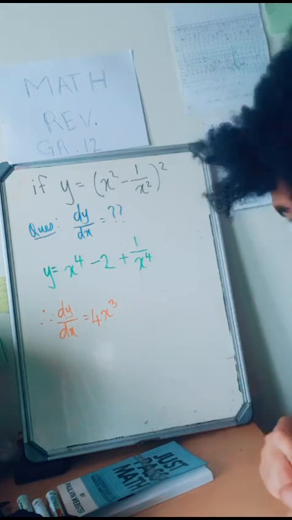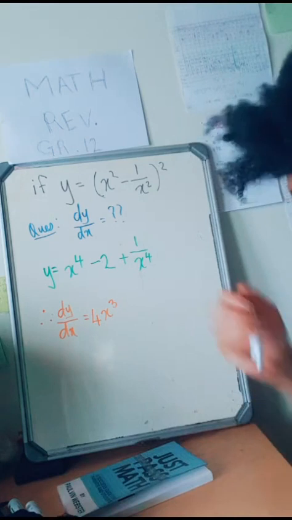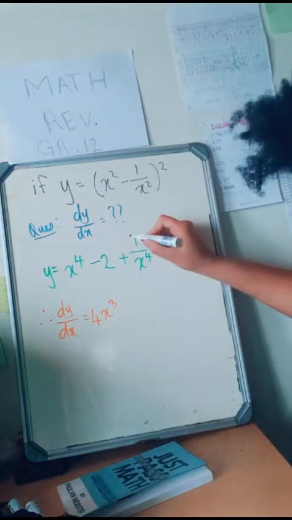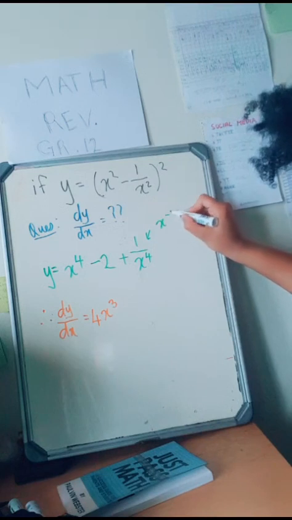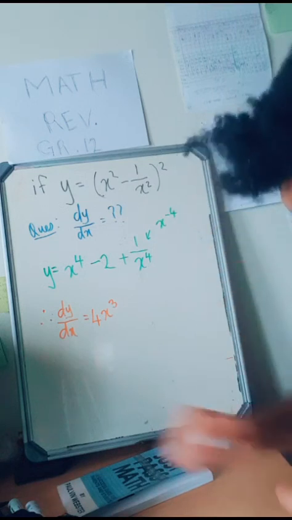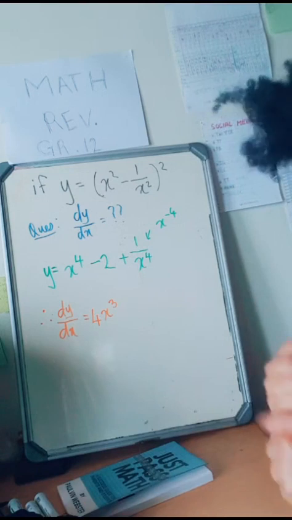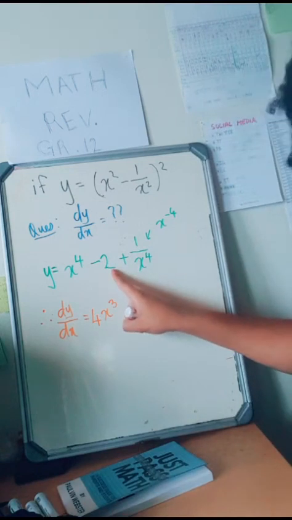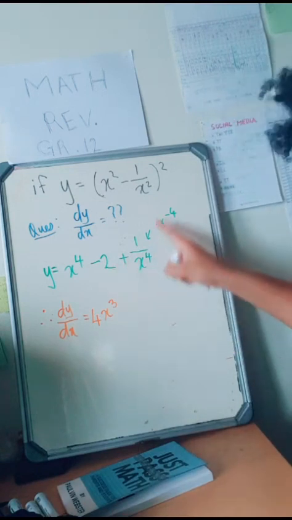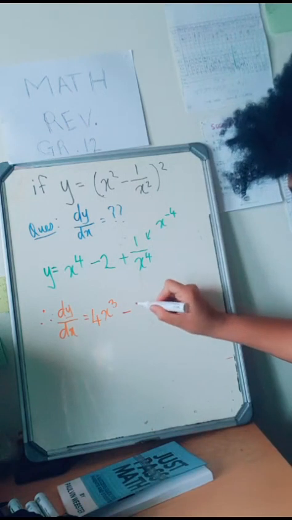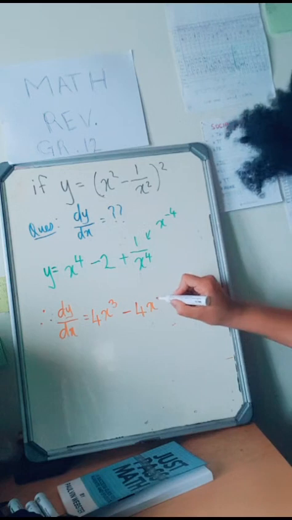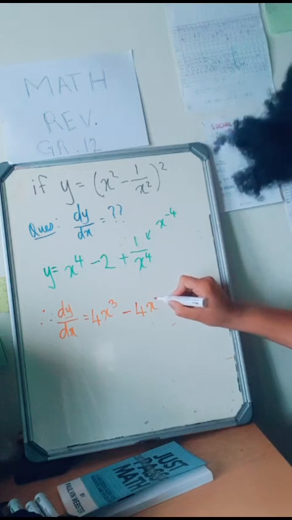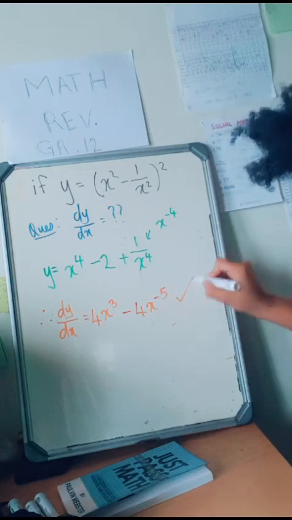Just in case you get confused, you can also rewrite this as x to the power of -4. If we derive this, it's going to be -4x, and we subtract 1 from -4, which gives -5. And that is your answer there.